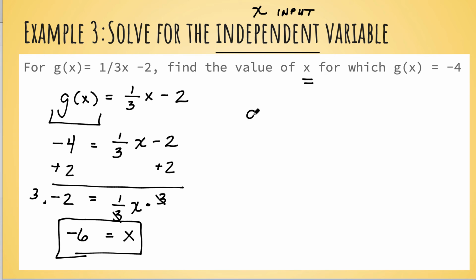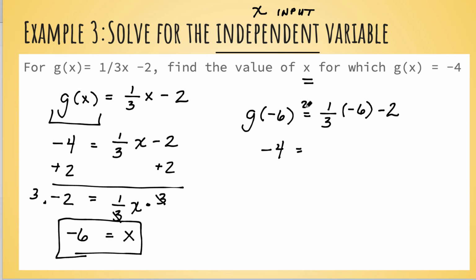And we can check this. We can plug in g of -6 and see what happens. So we use our original function 1/3, but instead of using x, we're going to plug in a -6. And we're subtracting 2. Well, we know g of -6 is evaluating to -4.